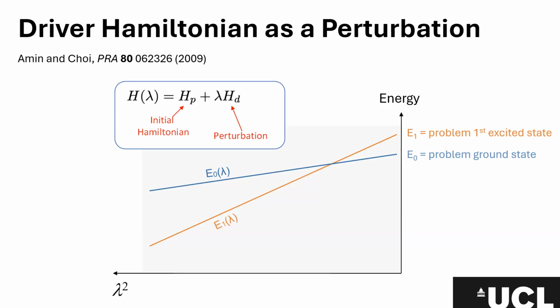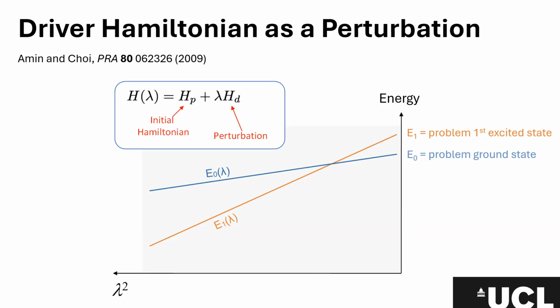Following their approach, you can write down the annealing Hamiltonian as a sum of your problem Hamiltonian, and then treat the driver as a perturbation on the problem Hamiltonian. If you do this, you find that the lowest order non-zero terms in your perturbation expansion are the second order terms. Here we're plotting the eigenenergies as a function of lambda squared.